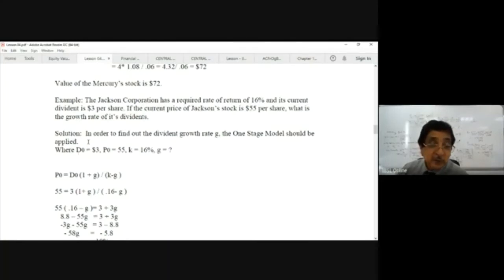Here you need to find out not P0, you need to find out the growth rate. So D0 is $3. The price is also given, 55. K is 16%, the required rate of return. But we have to find out G.